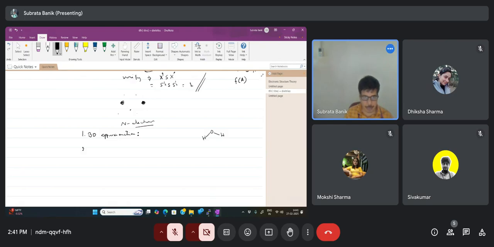Then the second step: from there you get the electronic Hamiltonian. The electronic Hamiltonian will be the sum over i of h_i plus the sum over i<j of 1/r_ij. In addition, we have a nuclear repulsion term.